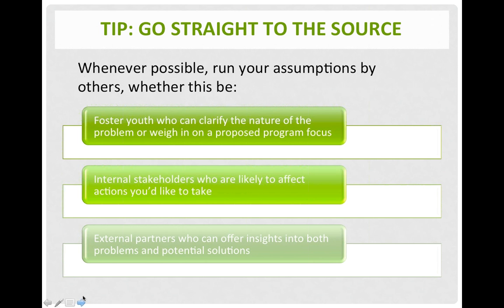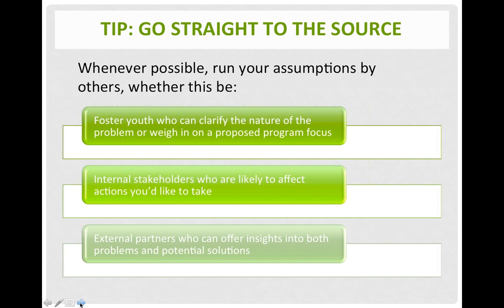So I see that there's like nobody's making it through from high school straight to college. What's happening here? What are the problems that you're facing? Or if you have an idea that what you need to do is really improve FAFSA completion, then run that idea by those students and say, okay, so if we could help you fill out financial aid so you would have it when you started college, would that make the difference? And that's going to make the process more effective.